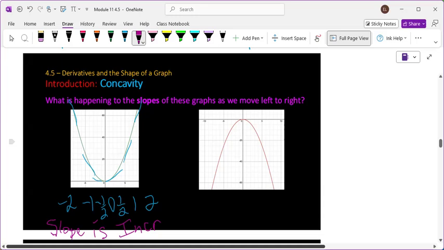So the graph goes from decreasing to increasing, but the slope numbers start negative and go to positive. So if I took the derivative and looked at the values of the derivative, my values go from negative to positive, but the derivative itself of this is going to be a positive slope line.